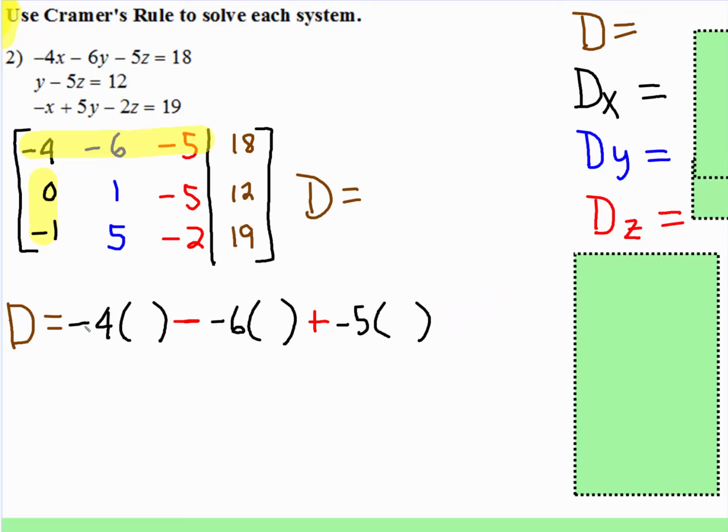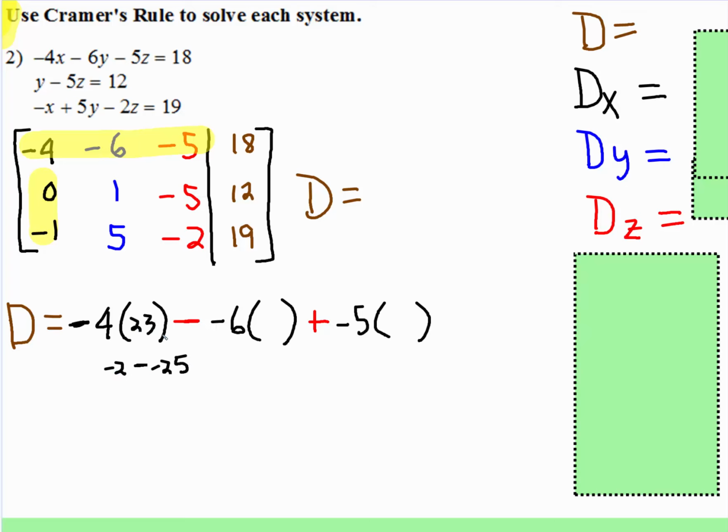So for -4, the first element, here's this determinant. So we have 1 times -2, -2, subtract 5 times -5 is -25. -2 plus 25 is +23.